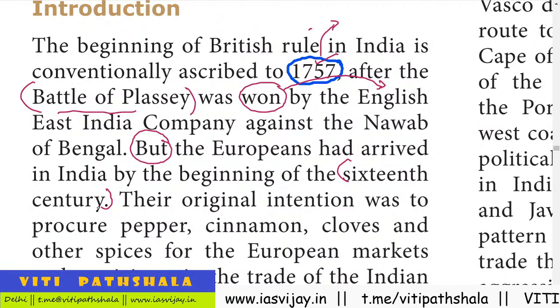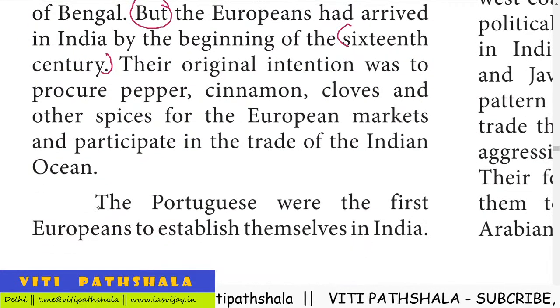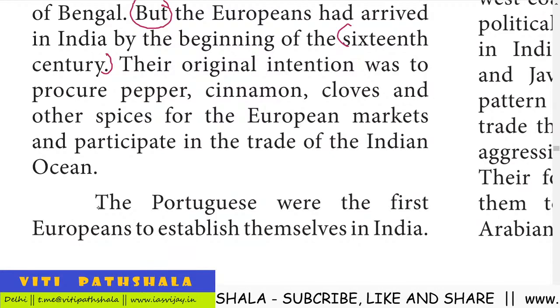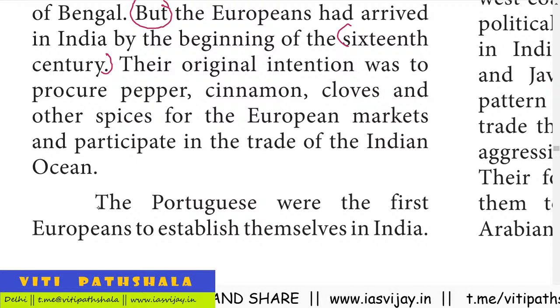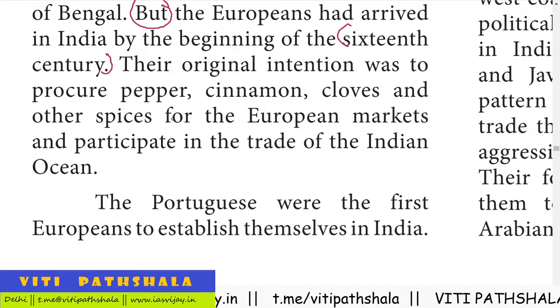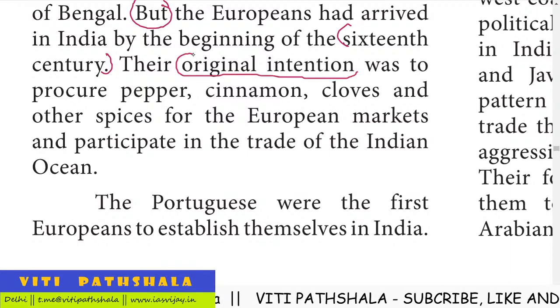Their original intention was to procure pepper, cinnamon, cloves and other spices for the European market, and participate in the trade of the Indian Ocean. So what was their original intention? Why did they come to India? They came as traders.